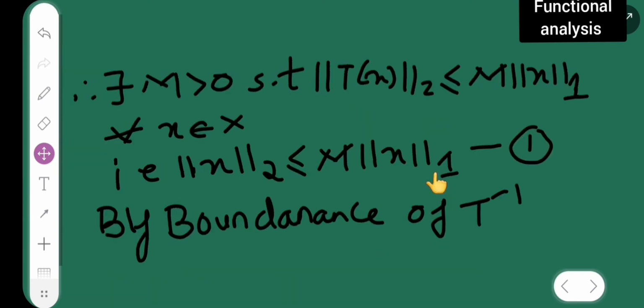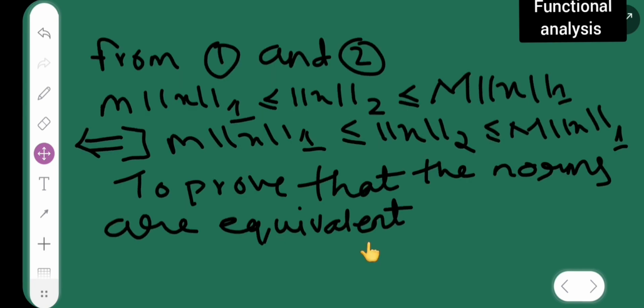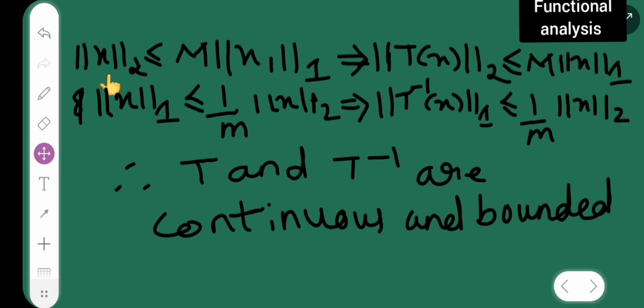Let us take the first part: norm of x2 is less than or equal to m norm of x1.